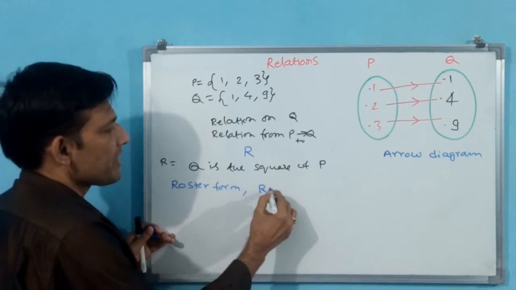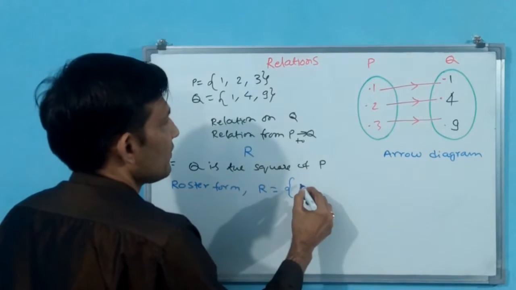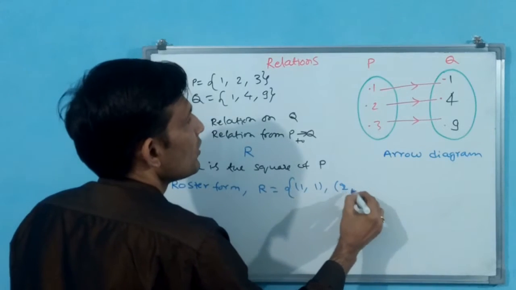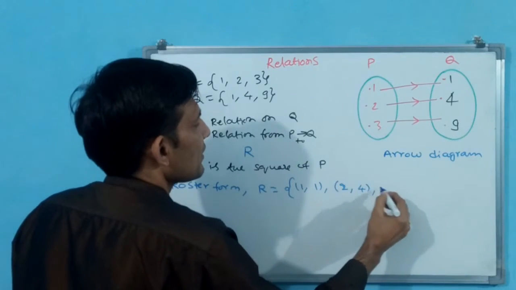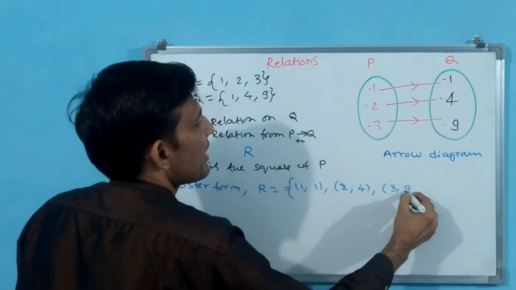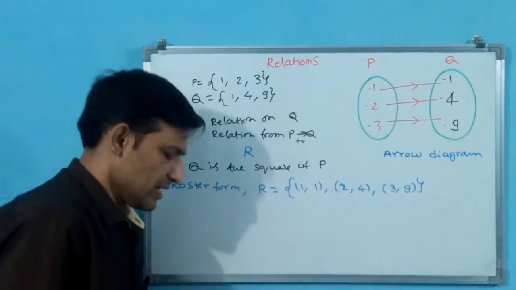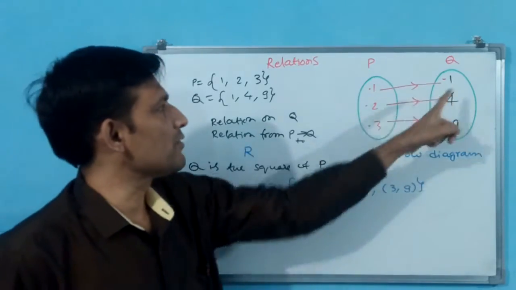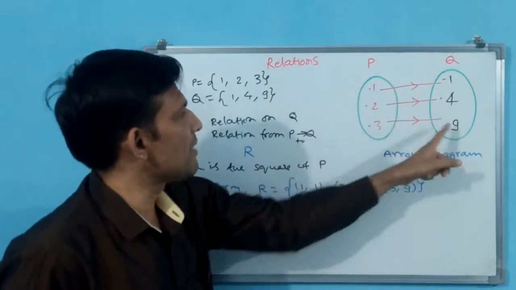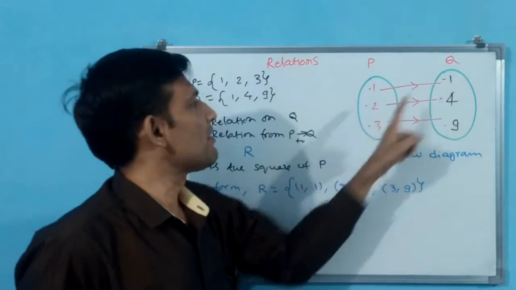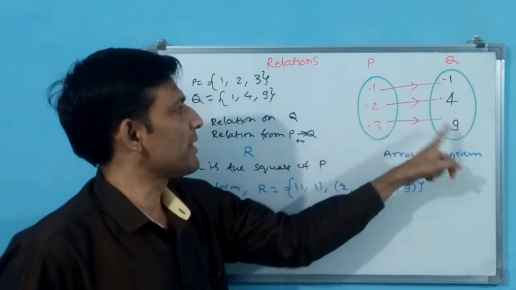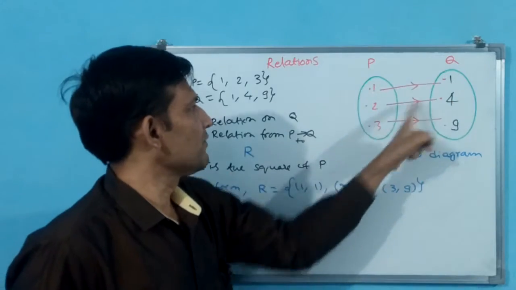Roster form: R is equal to (1,1), (2,4), (3,9). Okay, this is not an ordinary product. Ordinary product means (1,1), (1,4), (1,9), (2,1), (2,4), (2,9), (3,1), (3,4), (3,9) will come.